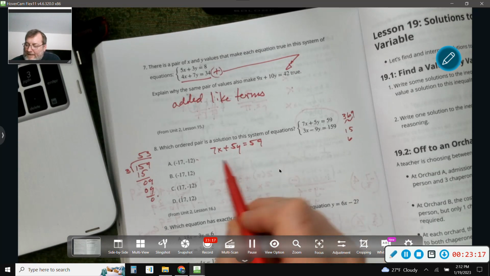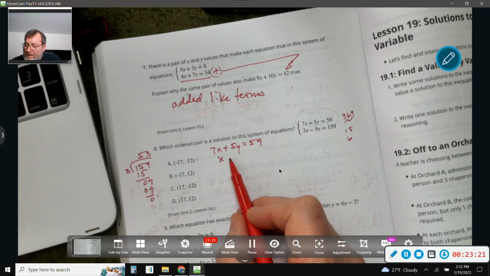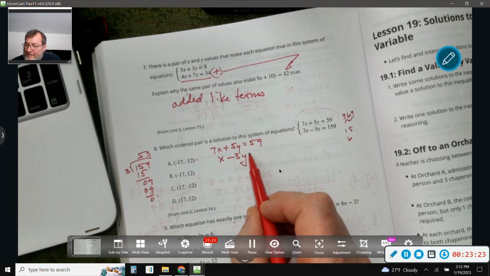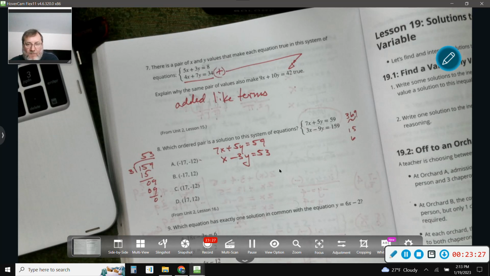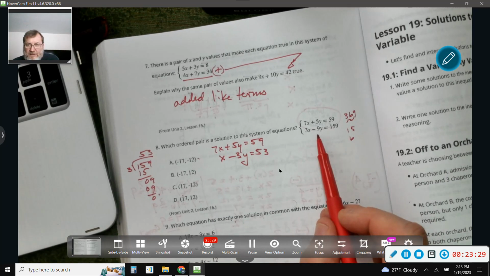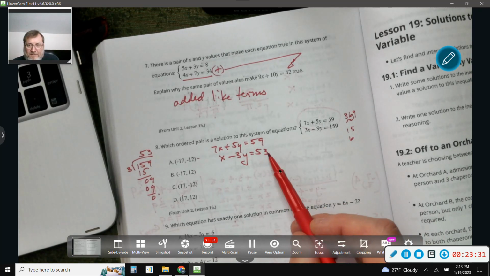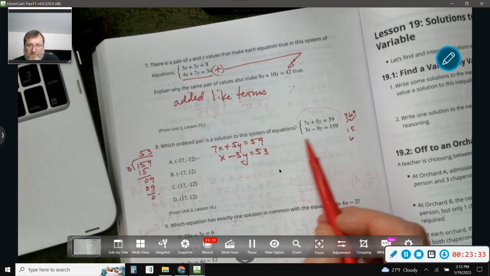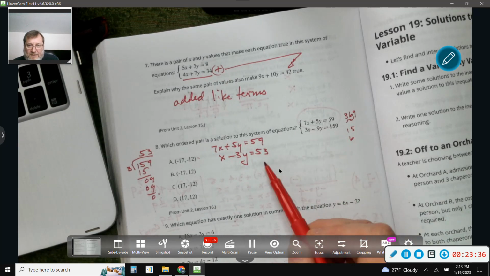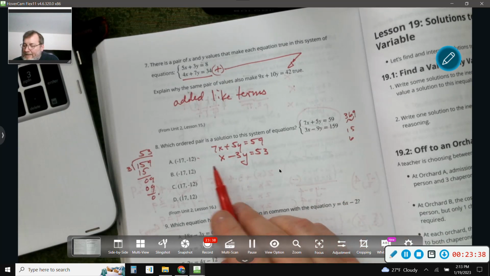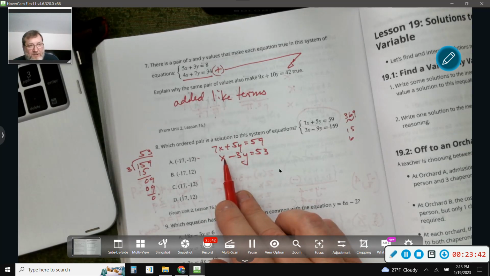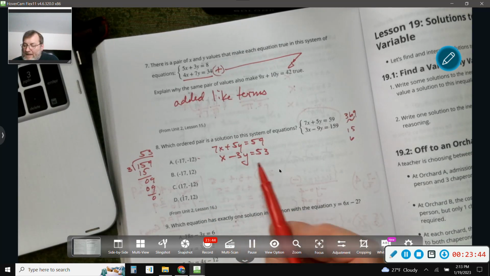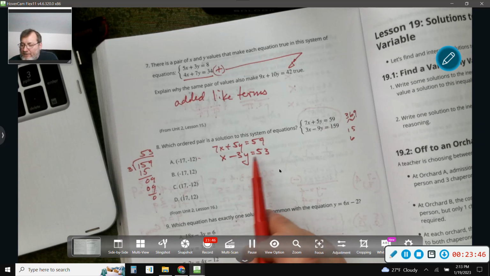And then down here, I'm going to have an x, a minus 3y, and a 53. All I did is take that one and reduce it, dividing everything by 3. I can move from this form of the equation to this. It's the exact same thing. Now if you look at this, you might be able to do a substitution. You could do about anything you want, but this makes it a lot simpler.